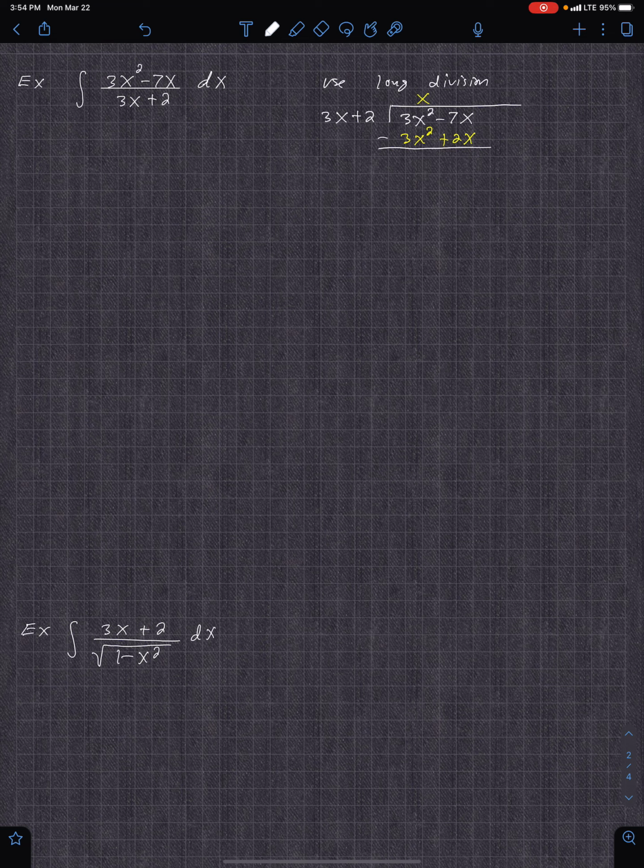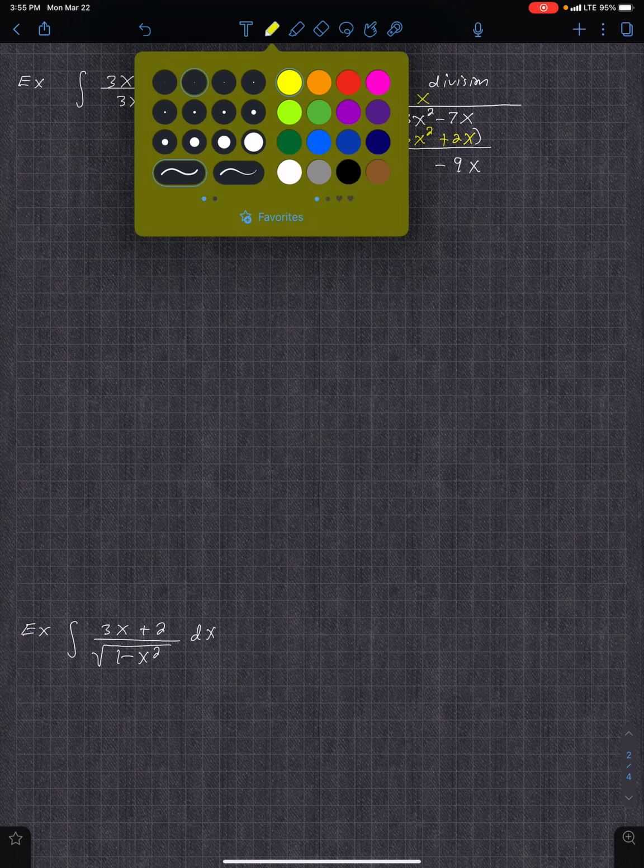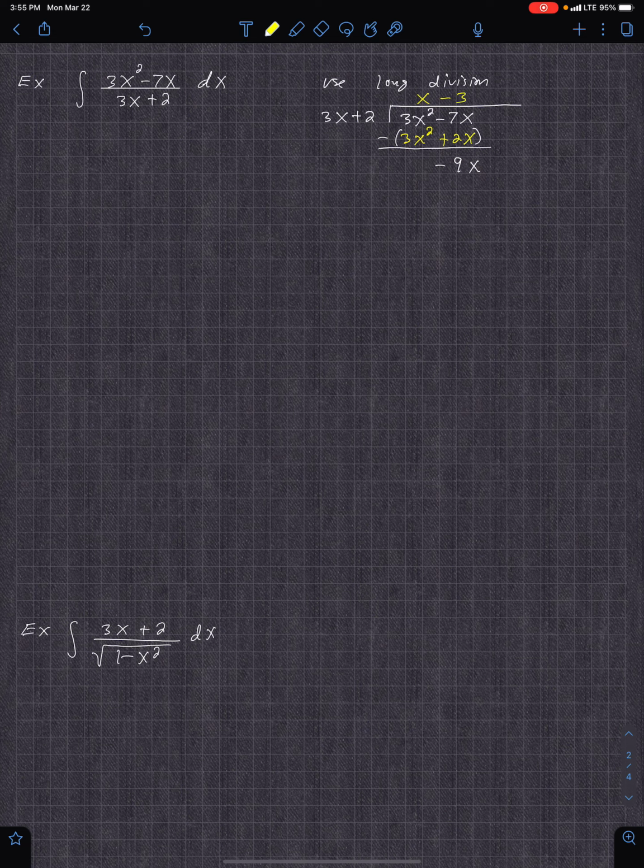You draw that and you subtract. And then you get that's 0, of course, and then that becomes a minus, and you add 7, 8, 9 becomes a negative 9x. And then you ask the question, what times 3x is negative 9x? And that, of course, is negative 3. So minus 3.